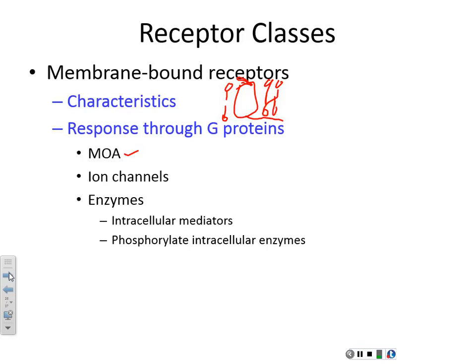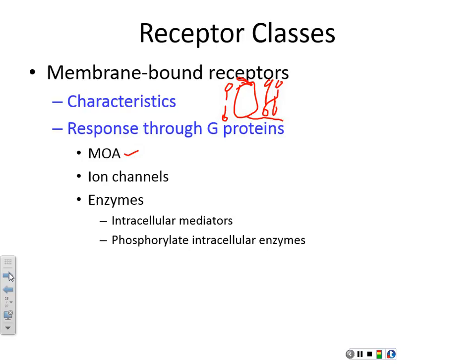The hormone attaches on the outside, and then it will cause those G proteins, remember those G proteins, to bind when the receptor changes shape. The G protein binds with its alpha, gamma, and beta subunits. Then the GDP on the alpha subunit is substituted for GTP. Remember those three steps I talked about.